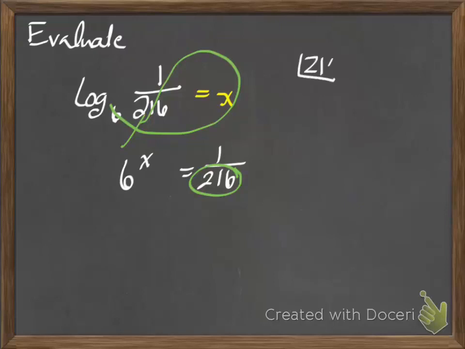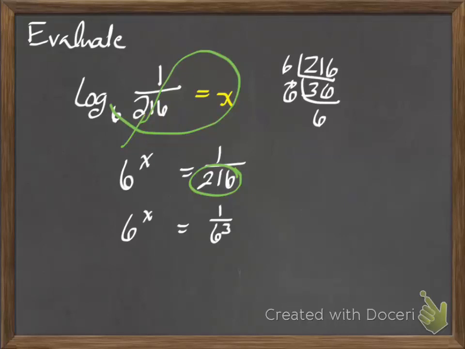We already know to get it down there, we have to have it negative. 6 will divide into 216 6 times, and 36, which is what's left, 6 times. 6 will divide into 36 6 times. So, if it was in the numerator, it would be positive 3.